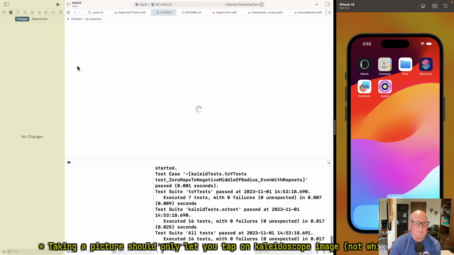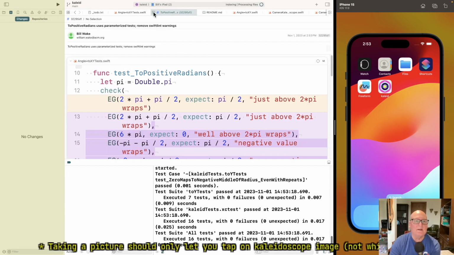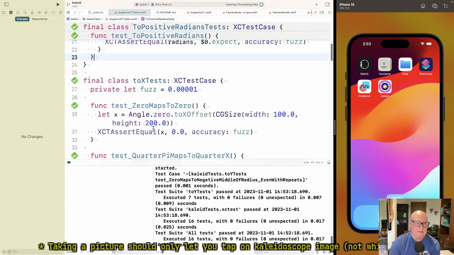Okay. It's spent too long looking at those errors, though, I will say. All right, let's get this test going.